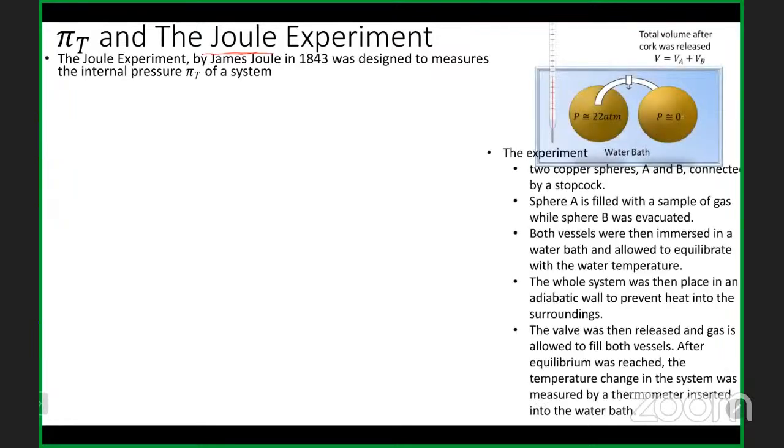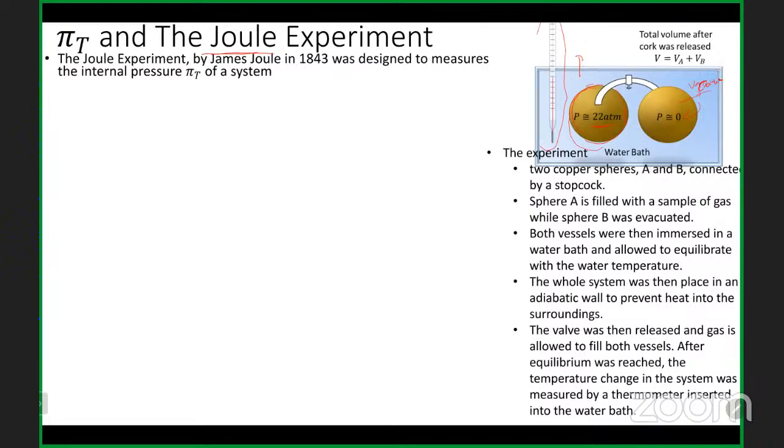He put a gas in a copper sphere and connected it to another sphere that was a vacuum, so the gas would expand against an approximate pressure of 0. The gas was pressurized to about 22 atmospheres. Everything was put in a water bath and the temperature was allowed to equilibrate.